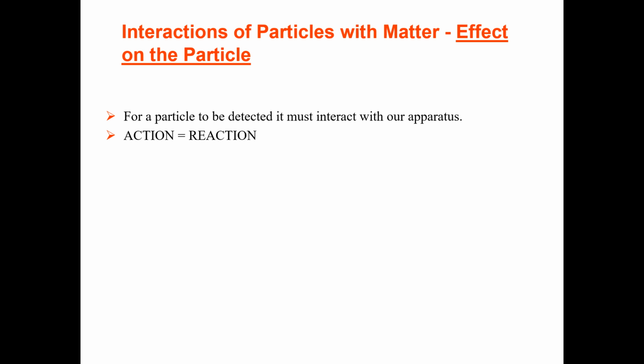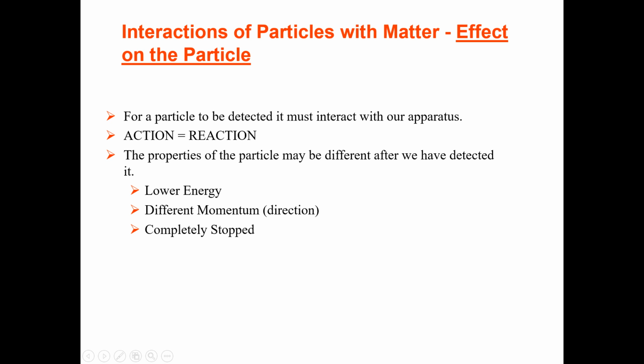That is, we should have action and reaction phenomena. The properties of the particle may be different after we have detected it. Initially the particle may have one type of properties, but when it has been detected, the properties may not be the same.